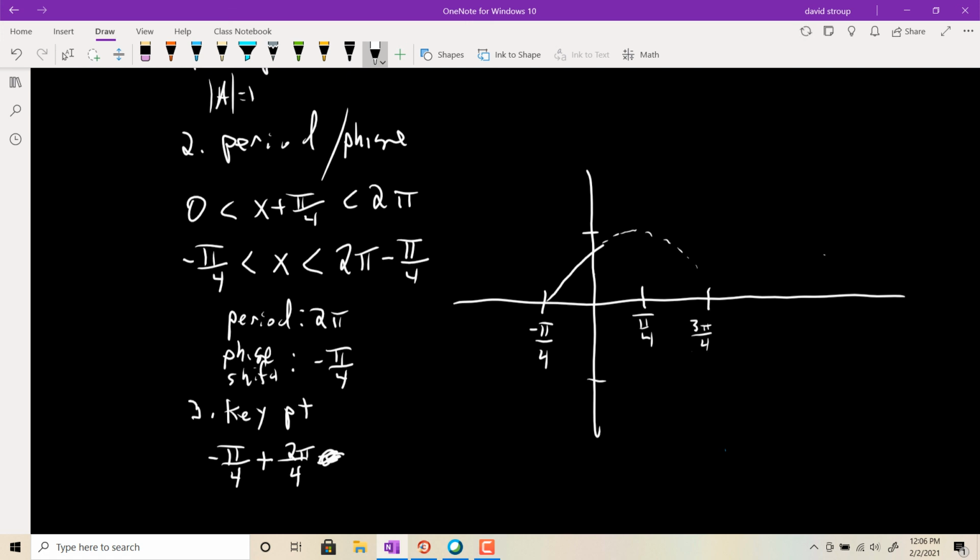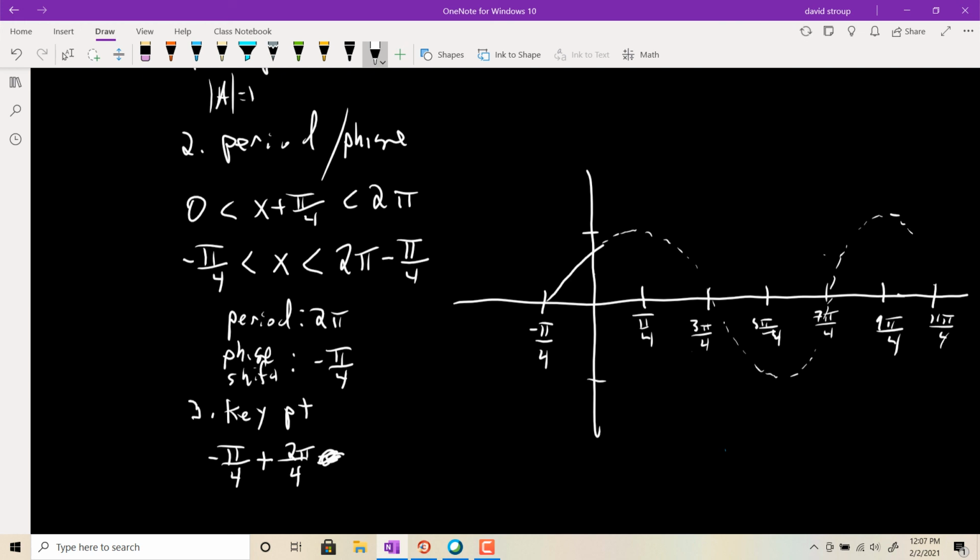And then, so this is pi over 4 to 3 pi over 4, and where it would go like that, and then 5 pi over 4. So the next key point here, and then 7 pi over 4. And I'm not going to have room to do any more, really. Oh, I'll try 9 pi over 4. And then 11 pi over 4.